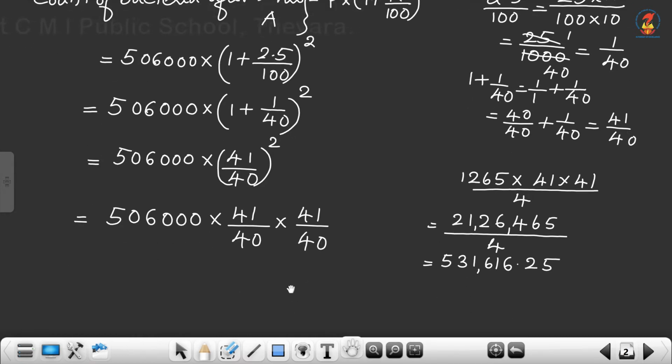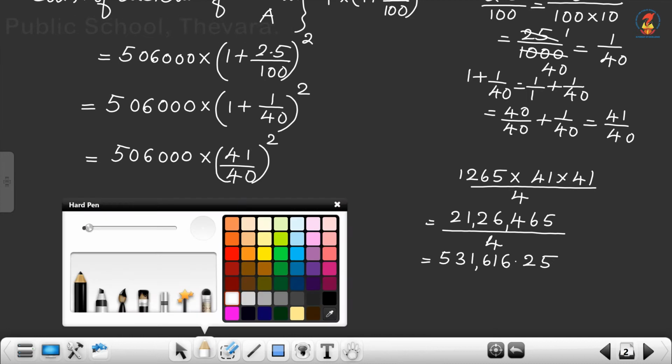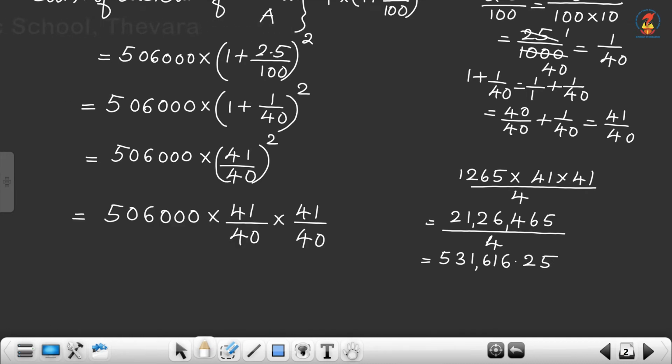Now we have to reduce it. Now we can cancel zeros. Using 10 we can do. So here you will get 4 and here it is 50,600. Then again one more 0 we can cancel with the 10.